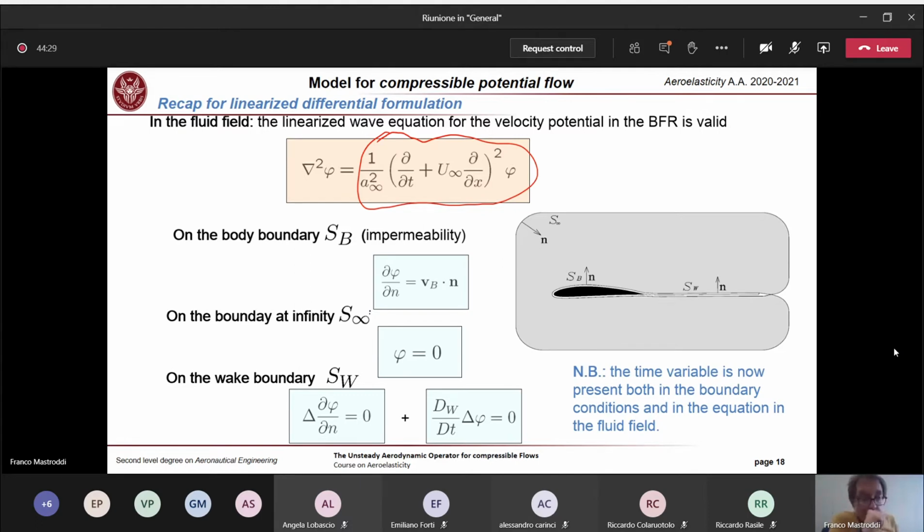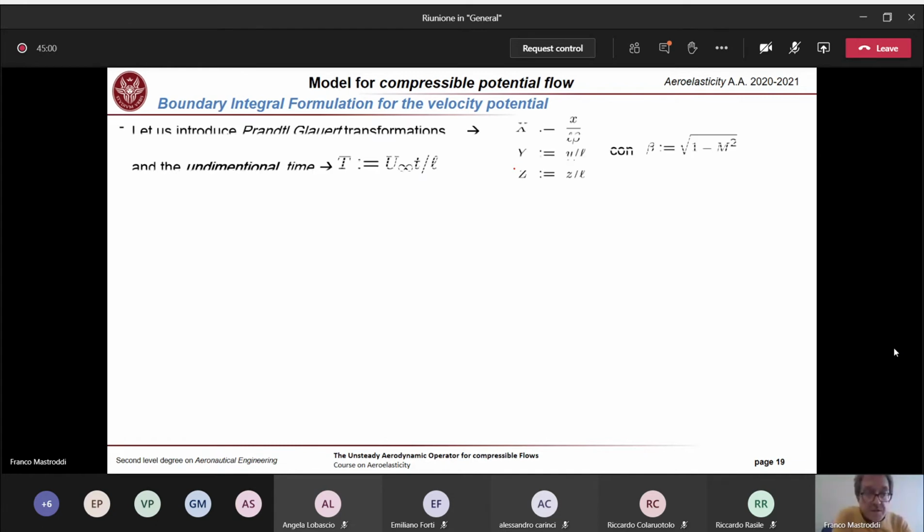Remember that for incompressible flow, the only source of unsteadiness was on the boundary condition. The differential equation to be respected in the field has no time operator, but for compressible flow, we have time operator also in the right-hand side. Okay. And so we have more difficulties in this sense.